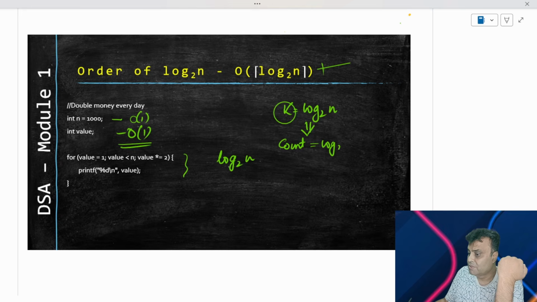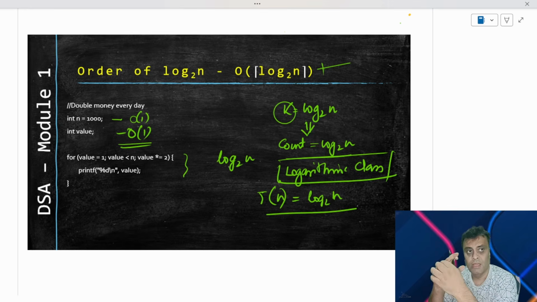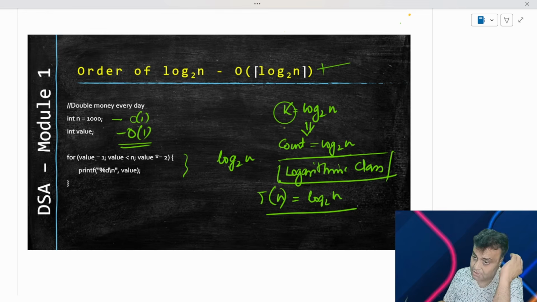And because it runs log base 2 of n times, we can conclude it belongs to the logarithmic class. Every logarithmic class should typically execute of the order of log base 2 of n. Therefore, the time complexity for this particular function will be log base 2 of n. So that's the time complexity of this particular problem.